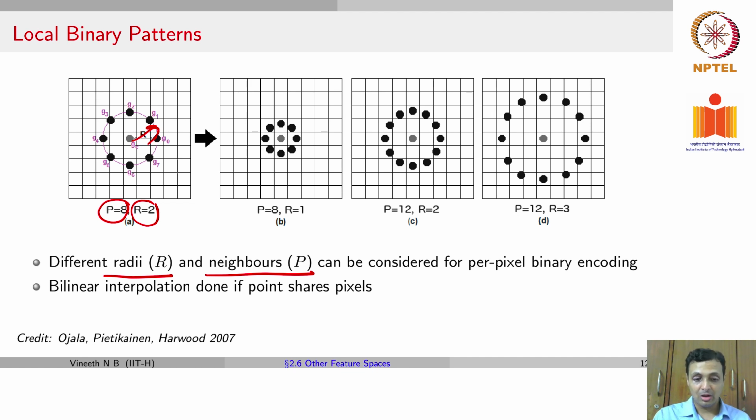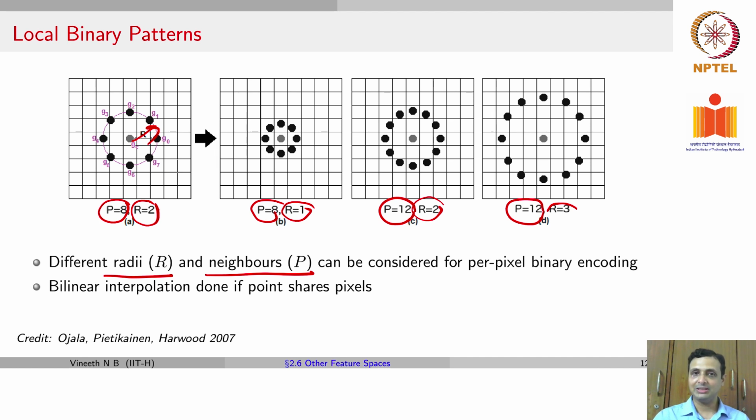Similarly, you could have a closer neighborhood, R is equal to 1, but the number of neighbors to be the same, P is equal to 8. Similarly, at R is equal to 2, you could increase the number of neighbors and make it P is equal to 12, and at R is equal to 3, further out, you could still have 12 neighbors.